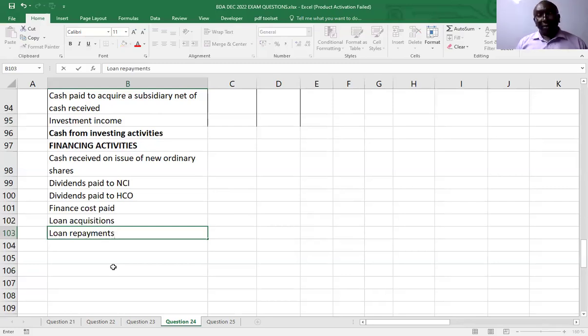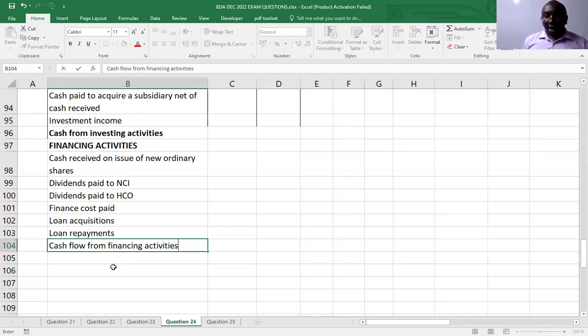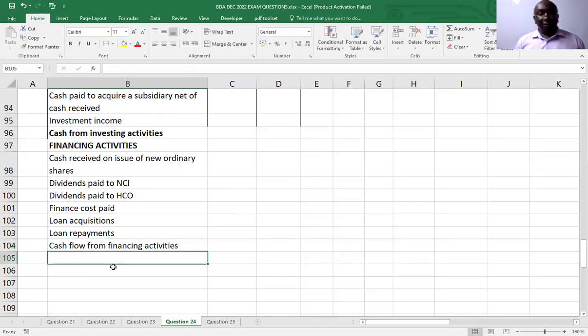Loan repayments, that's something else that you need to check. That will give us now cash flow from financing activities.